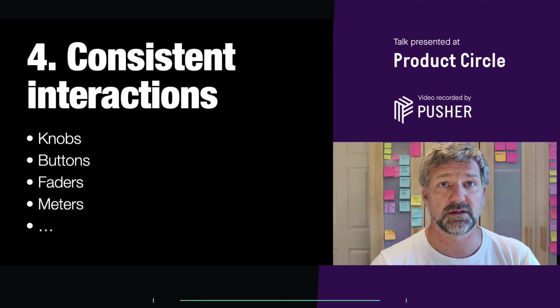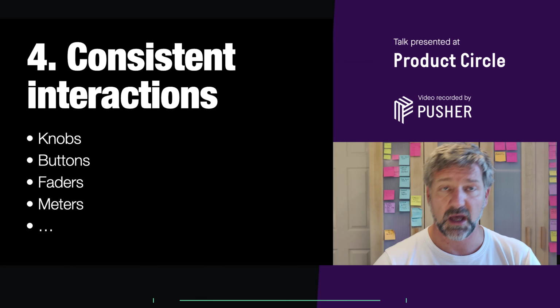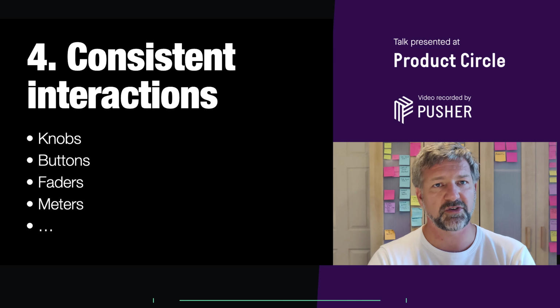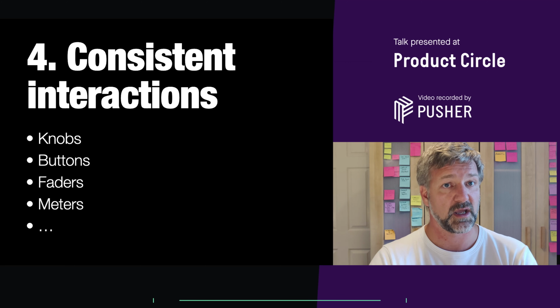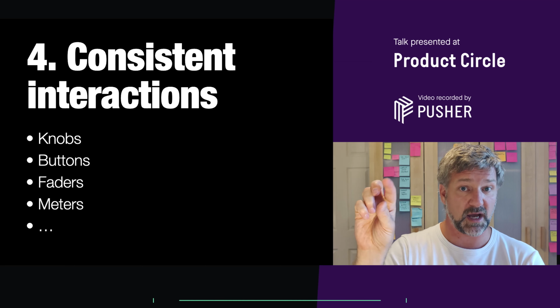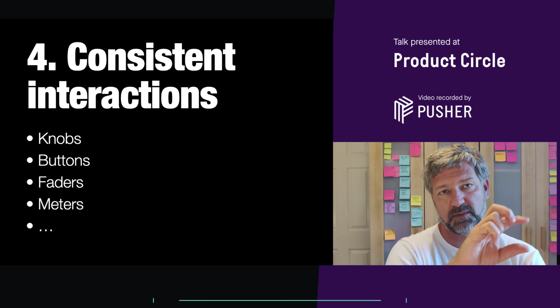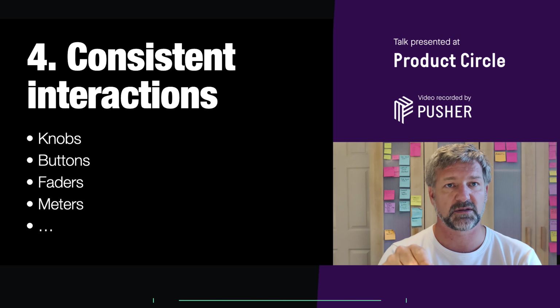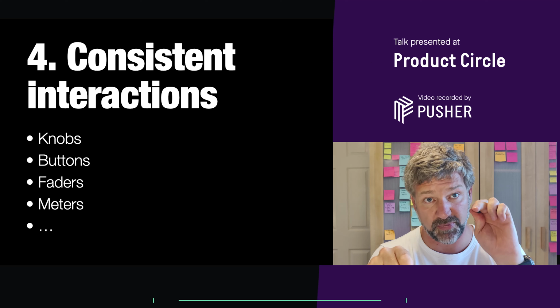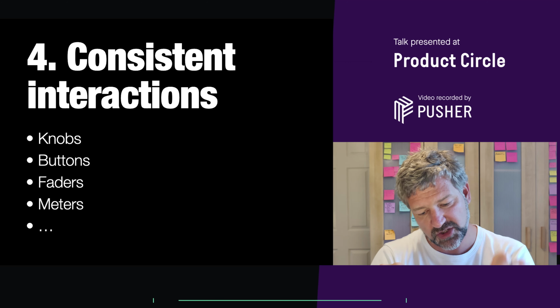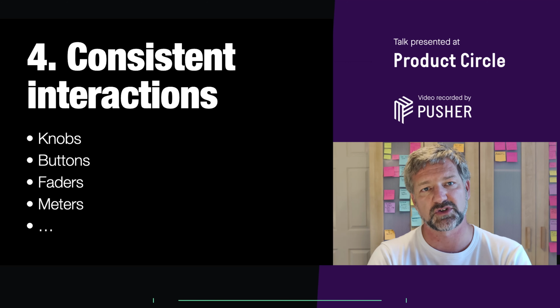The fourth point, and the last one, is about consistent interaction. You need to have a consistent interaction between the hardware and the software. If you turn a knob on the hardware, you need to turn a knob on the software. If you press a button in the hardware, the action to press it in the software should be similar.